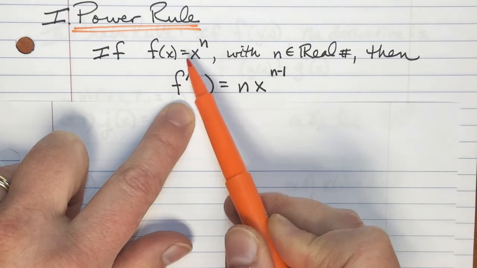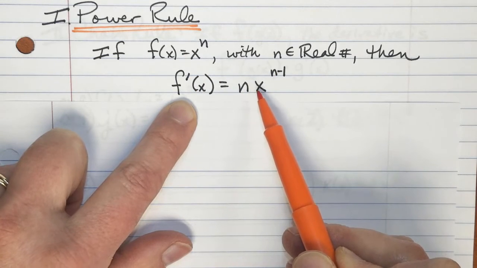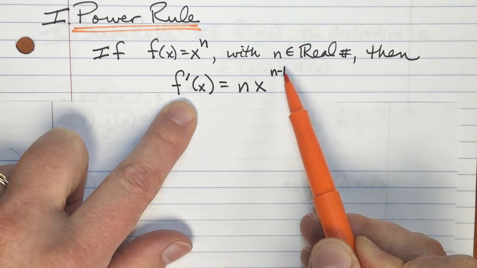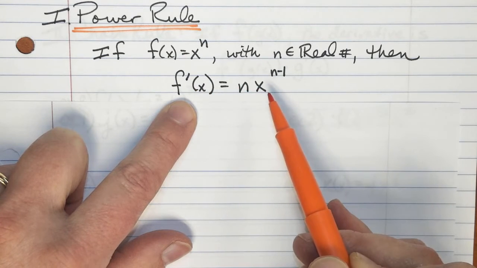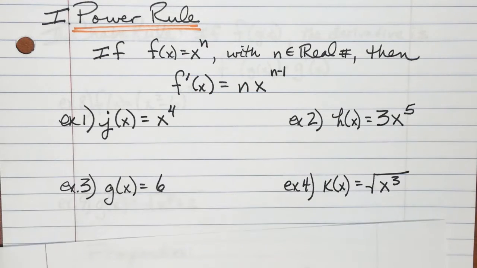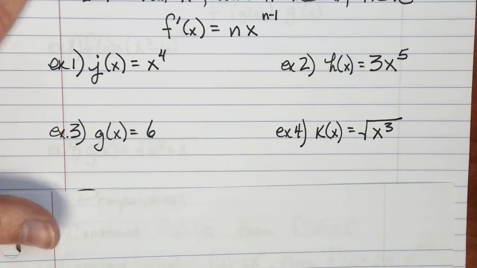There's just a 1 there, so you would have n times x, and then you lower the exponent by 1. And that's really the only process. It's not a hard process. I want you to pause it right now and write down those 4 examples, and then we will do those together.